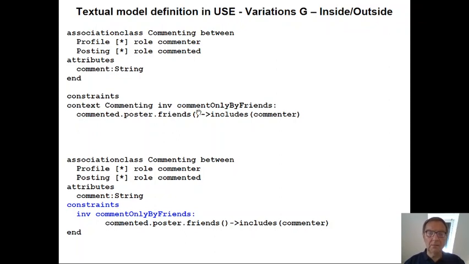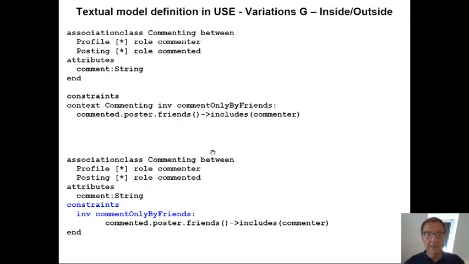The constraint was, we have discussed this in detail, the commenting is only possible for friends, and so the invariant formally was called comment only by friend. This was a technical formulation, and we have explicitly formulated this constraint with a constraints keyword and then with the declaration of the context class, context commenting, invariant, and the invariant name.